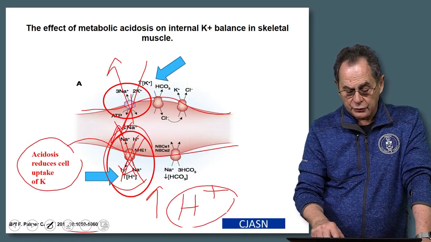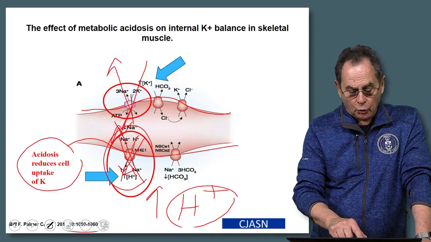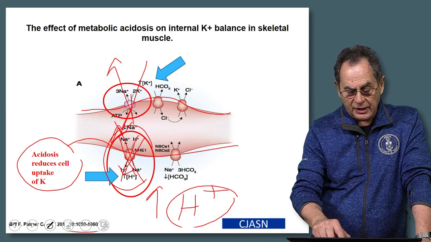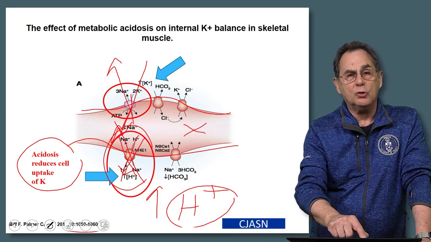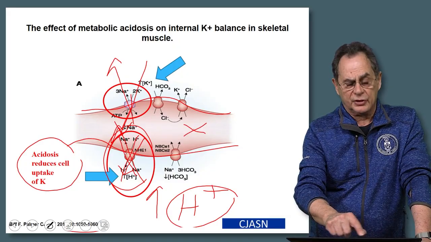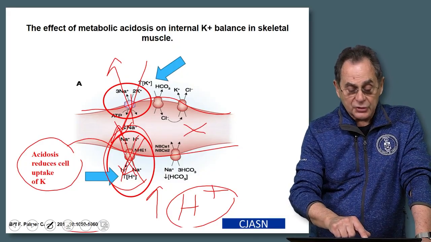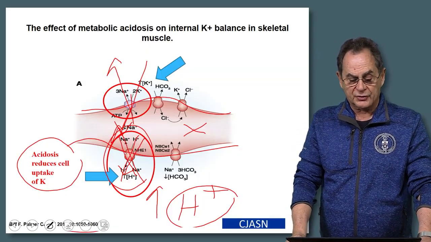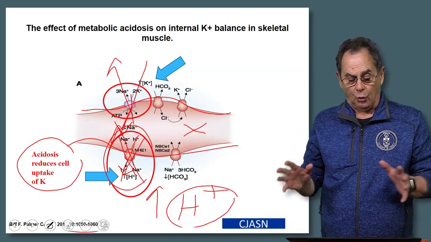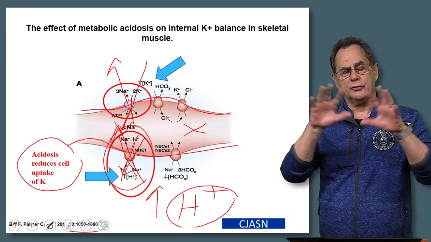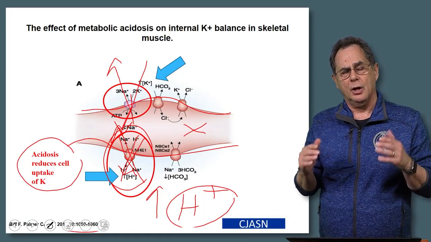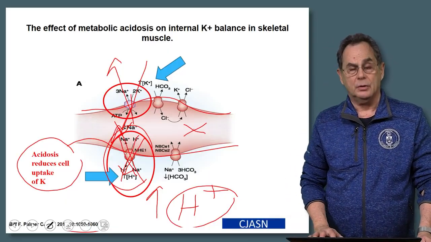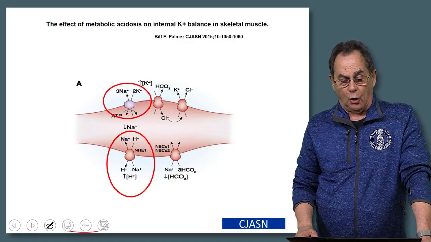So acidosis, a high hydrogen ion concentration, reduces sodium hydrogen exchange, reduces entry of sodium into the cell, reduces the movement of sodium out of the cell via sodium potassium ATPase, and limits the entry of potassium by limiting the activity of sodium potassium ATPase. So the higher the hydrogen ion concentration in the surrounding extracellular space, the less able a cell is to take up potassium. So what's the effect?